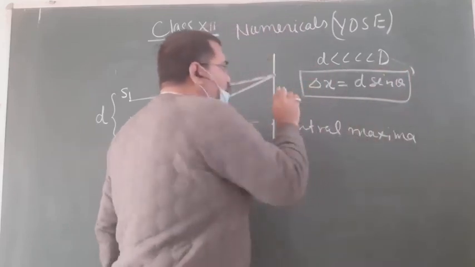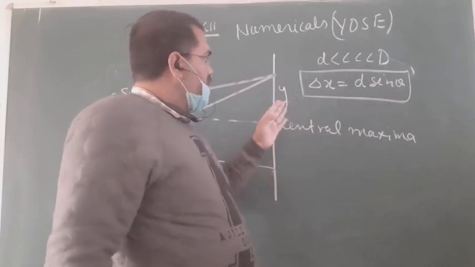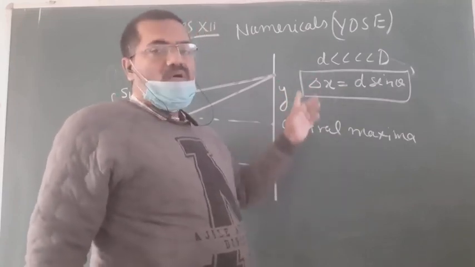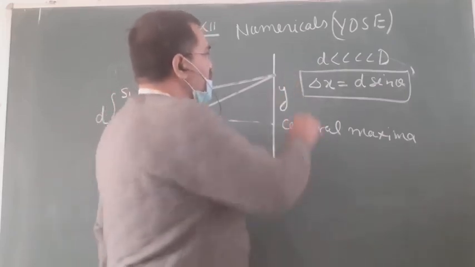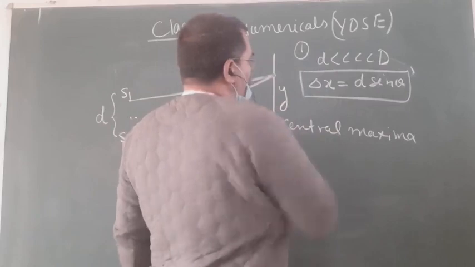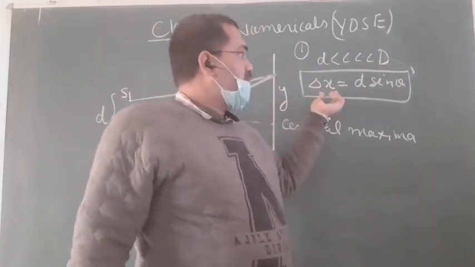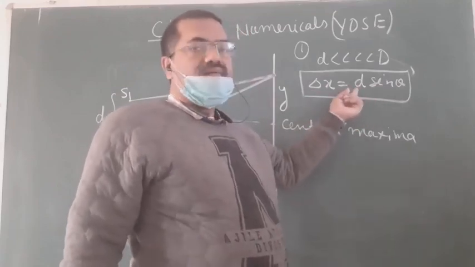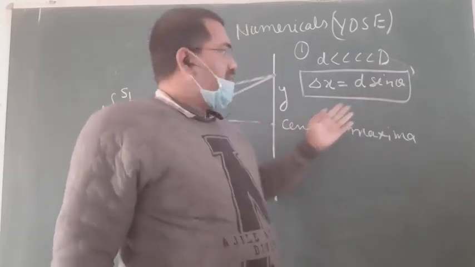This is the most important formula for path difference between two waves when small d is much smaller than capital D. Delta is the path difference, d is the distance between two slits and theta is the phase angle.